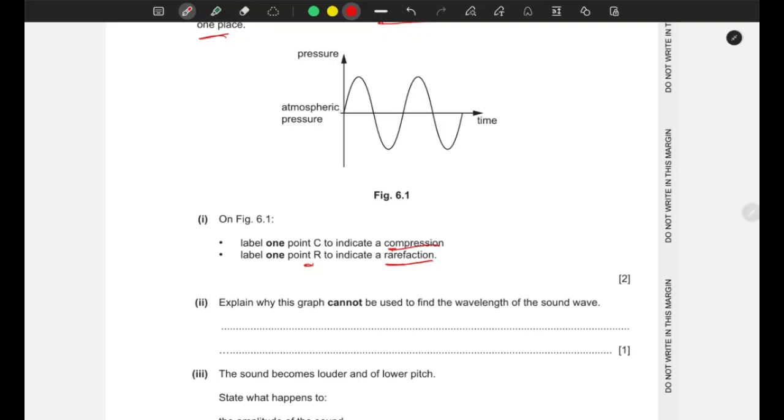Our baseline is atmospheric pressure, which is about 101 kilopascals. Compression is where there's the highest amount of pressure because there's a large density of molecules. So this could be compression. And rarefaction is the opposite, the lowest amount of pressure. So this could be R.